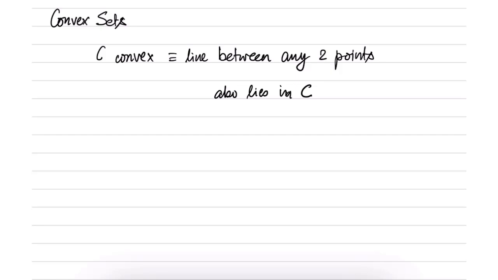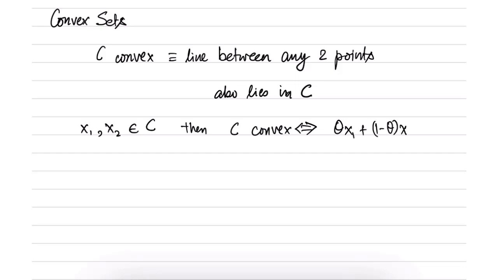C. So mathematically we could say that if x1 and x2 are any 2 points in C, then the statement that C is convex is equivalent to saying that theta times x1 plus 1 minus theta times x2 lies in C for all theta that is between 0 and 1, or for all theta in the closed interval 0, 1.